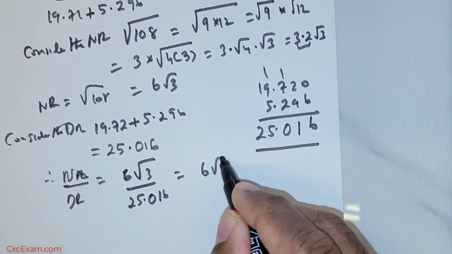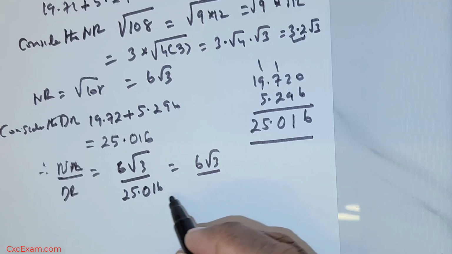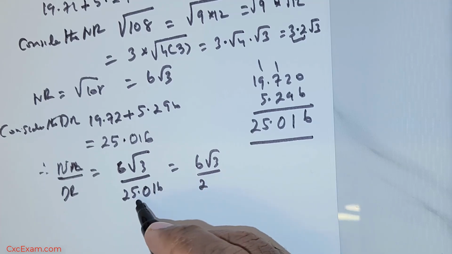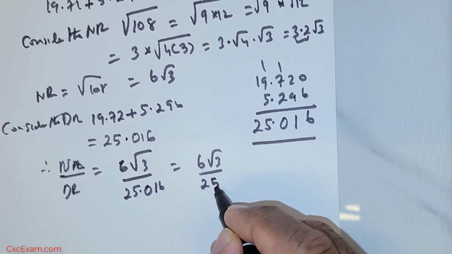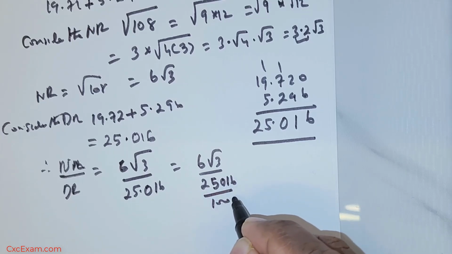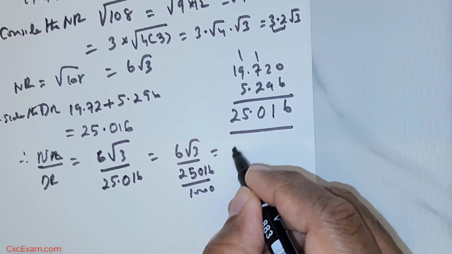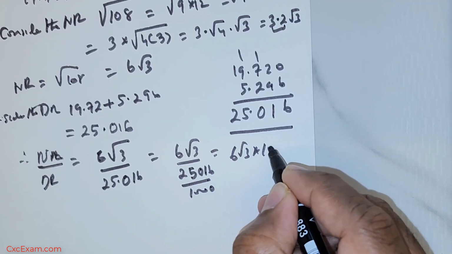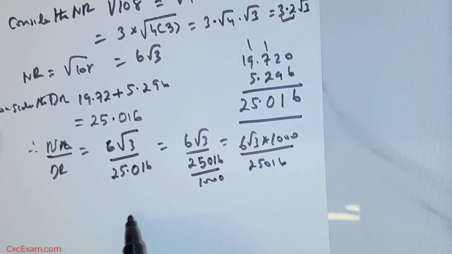I'm going to rewrite this as 6 times the root of 3 divided by 25.016. I'm going to write 25.016 as 25.016 divided by 1000, right? So you can flip the 1000 and rewrite this as 6 times the root of 3 times 1000 divided by 25.016.